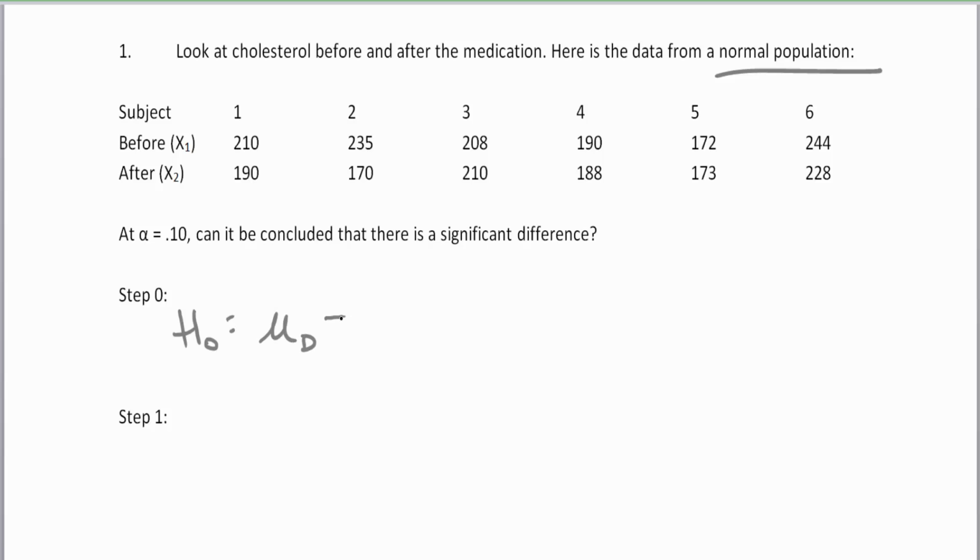Now, mu sub d equal to 0 is telling us the drug doesn't work. The difference before and after wasn't strong enough to tell if there was a significant difference. And the alternative hypothesis says mu sub d is not 0, meaning it can be concluded that there is a significant difference.